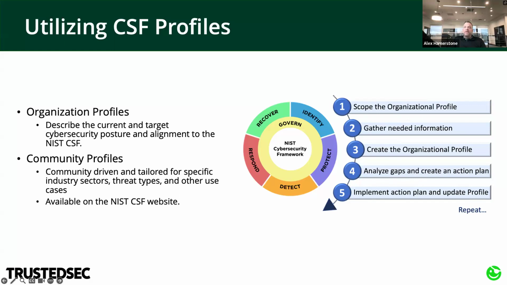And so I think being able to share these types of profiles that are geared towards the specific issues industries face overall is going to be extremely helpful. As noted here, they're available on the NIST website. We would expect a lot more to be developed over time, but certainly something that we should be taking advantage of.